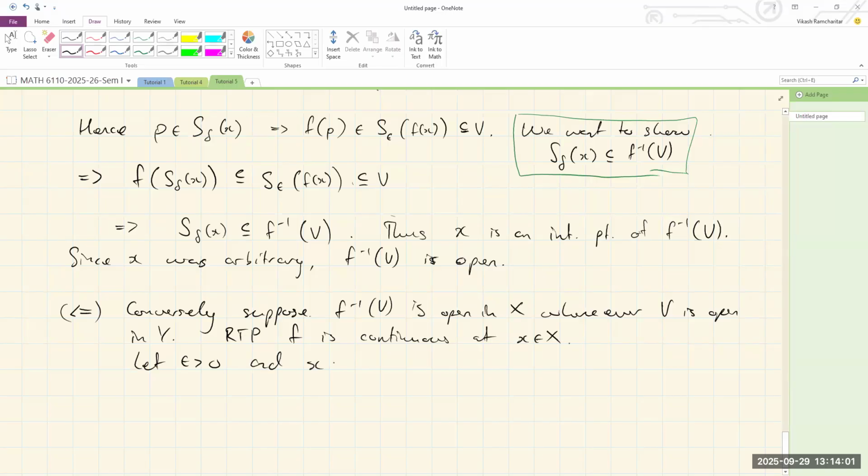And I'm going to take any point in X. Obviously the image of this point is in Y, right?